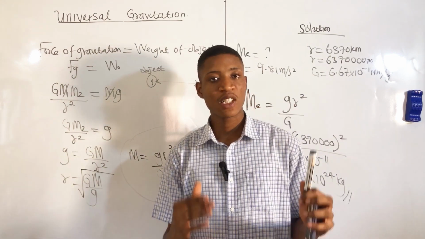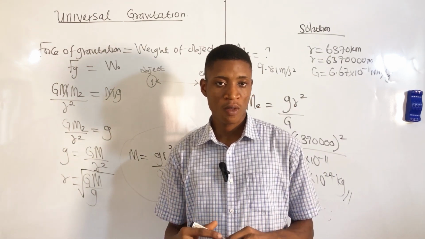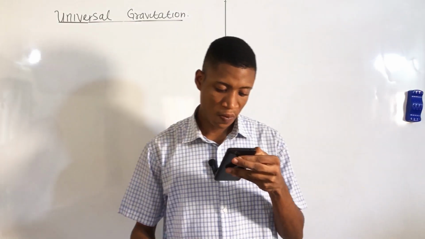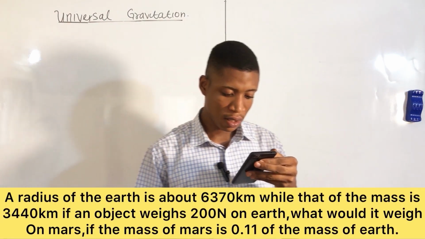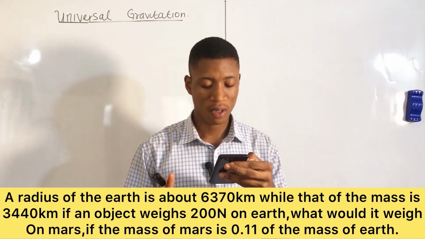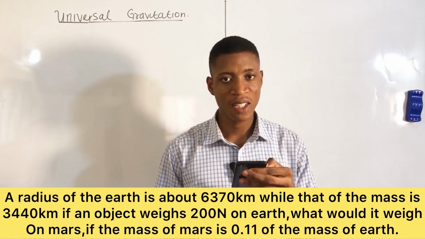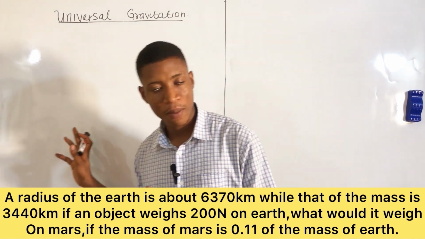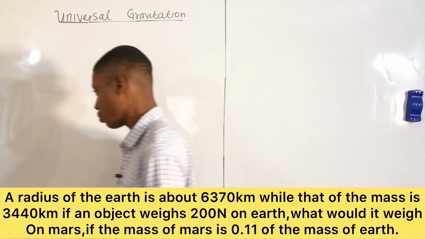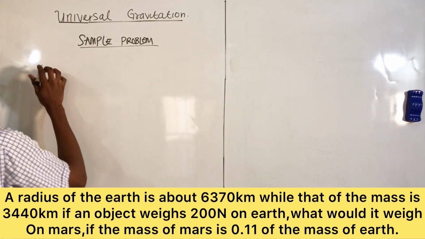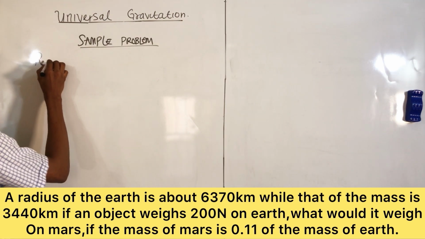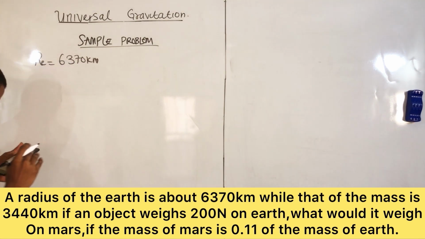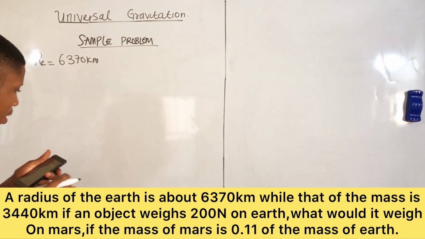Take note. Let's solve a very peculiar question where we will see the application of this. Of course, the question says a radius of the Earth is about 6,370 kilometers. First, let's write down the parameters as we read out. They've given us the radius of the Earth as about 6,370 kilometers, and they said that of Mars.